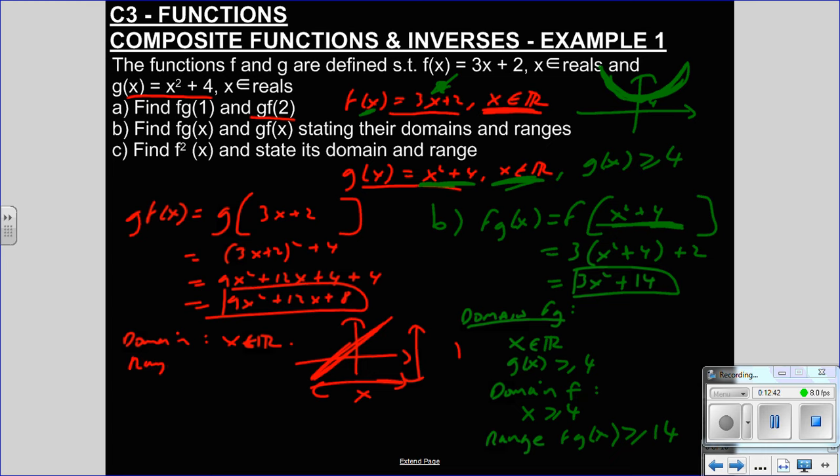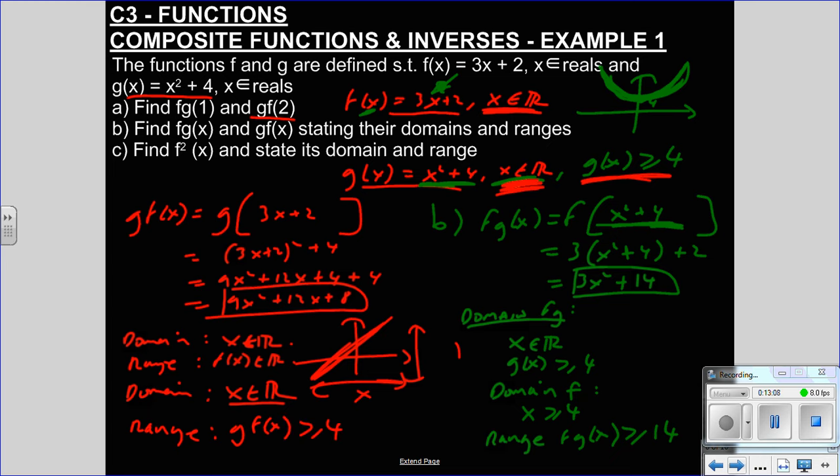So the range is f of x is all real numbers, which becomes the domain for g when g takes over. So g has all real numbers, and as it takes on all the real numbers, which is exactly the same as what we had before, we know that gf of x then must be greater than or equal to 4. I hope that makes sense, how you're moving between these things.